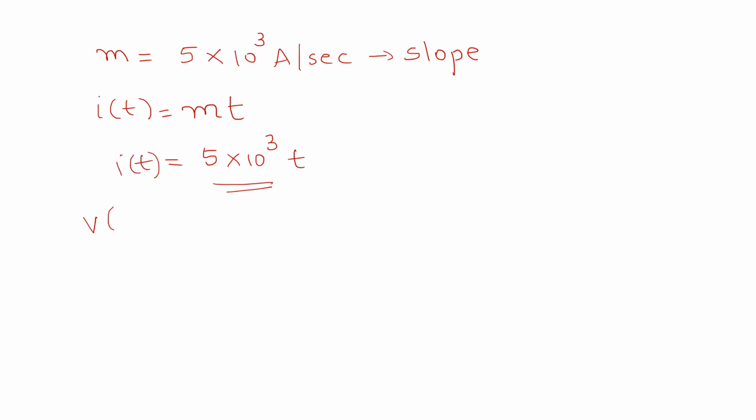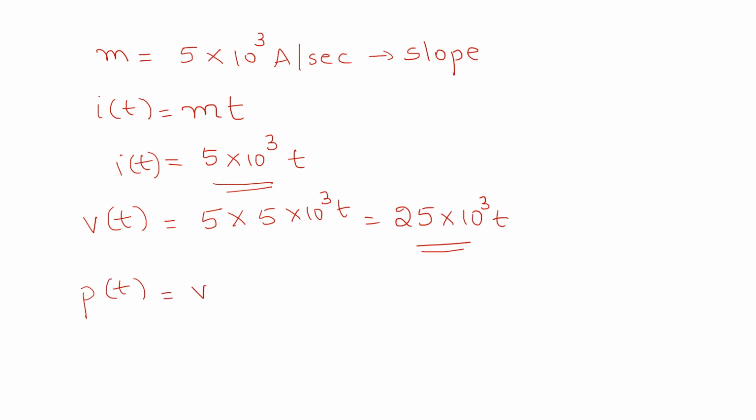How can we write the instantaneous voltage? V of t is equal to R, which is 5, into I of t. I is 5 into 10 to the power 3 t, which gives us 25 into 10 to the power 3 t. This is the expression for instantaneous voltage. How can we find the power? P of t is equal to V of t into I of t. V of t is 25 into 10 to the power 3 t, whereas I of t is 5 into 10 to the power 3 t.